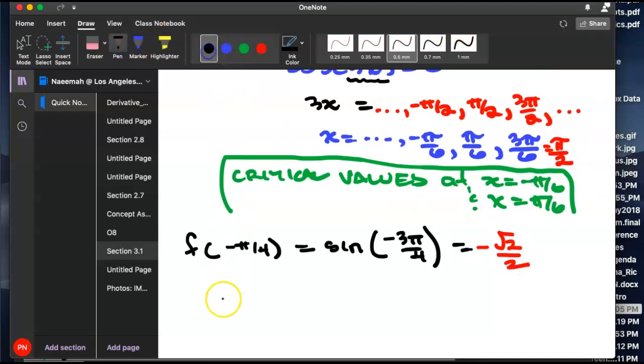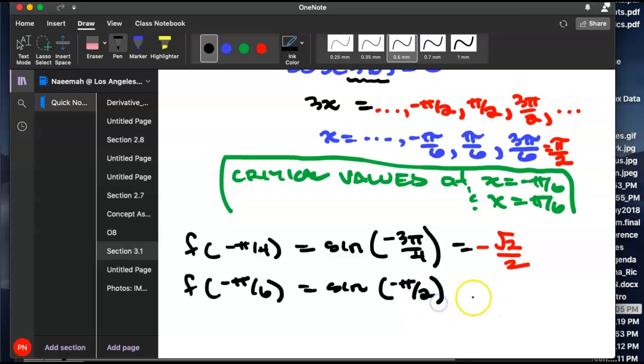Then here, you're going to have f at negative pi 6, which is going to be sine of negative pi over 2, because we're evaluating sine of 3x.